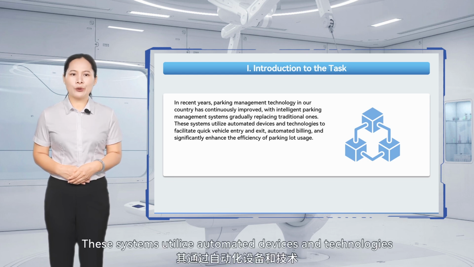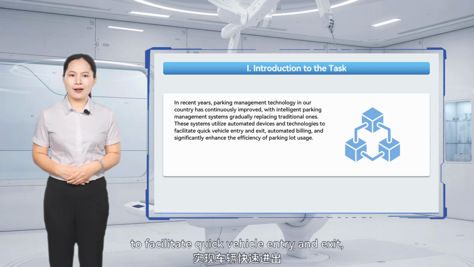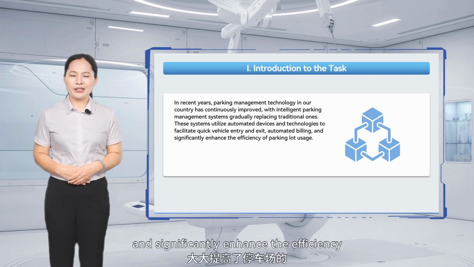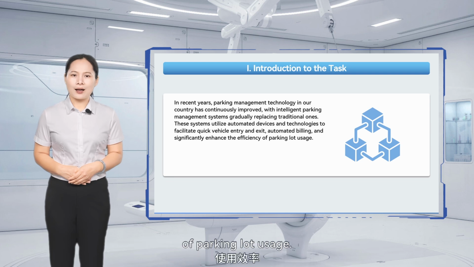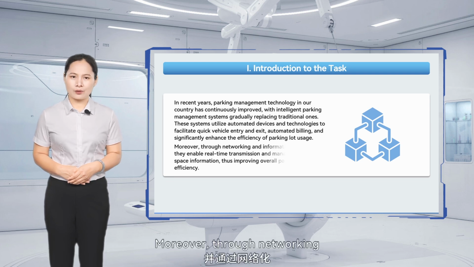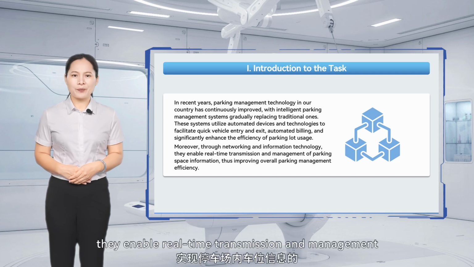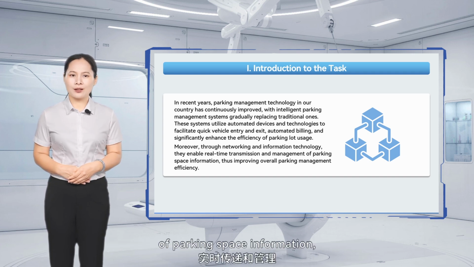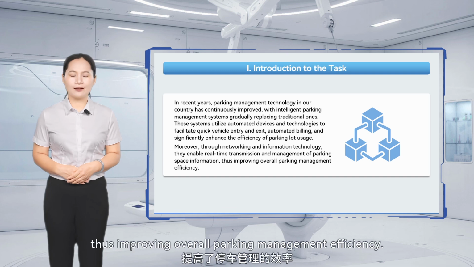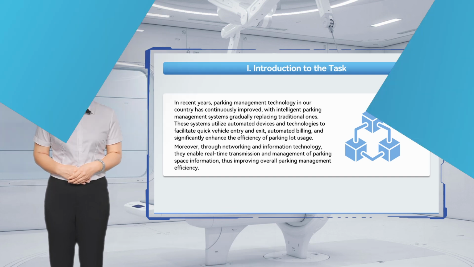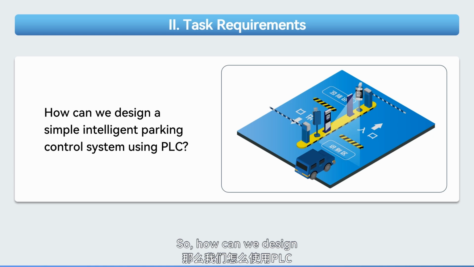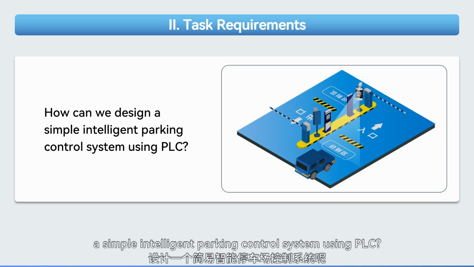These systems utilize automated devices and technologies to facilitate quick vehicle entry and exit, automated billing, and significantly enhance the efficiency of parking lot usage. Moreover, through networking and information technology, they enable real-time transmission and management of parking space information, thus improving overall parking management efficiency. So, how can we design a simple intelligent parking control system using PLC?